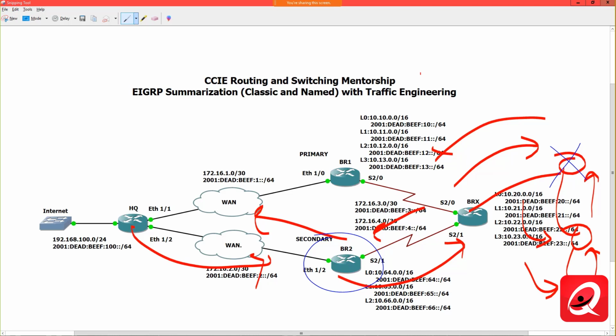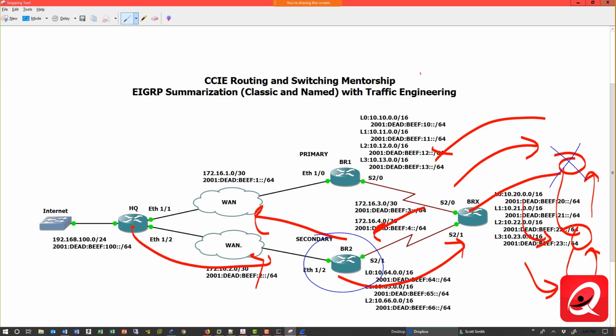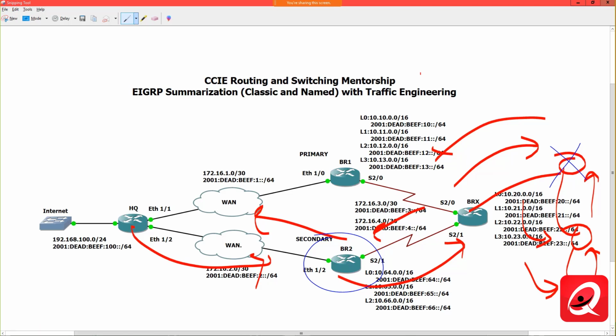All right. One of the biggest things that you should focus on from the perspective of EIGRP scalability is to minimize the effect of queries in the topology. Queries get generated every single time a route becomes active.